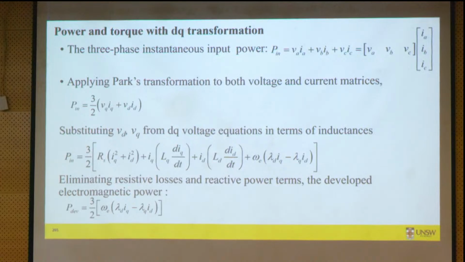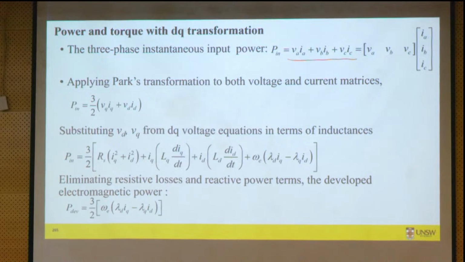If we want to analyze the motor in transient condition, we must look at instantaneous power, not the average power, okay? So for three-phase, instantaneous power, as you all know, is the summation of instantaneous voltage and current of each phase summed up together, right? VAIA plus VBIB plus VCIC.